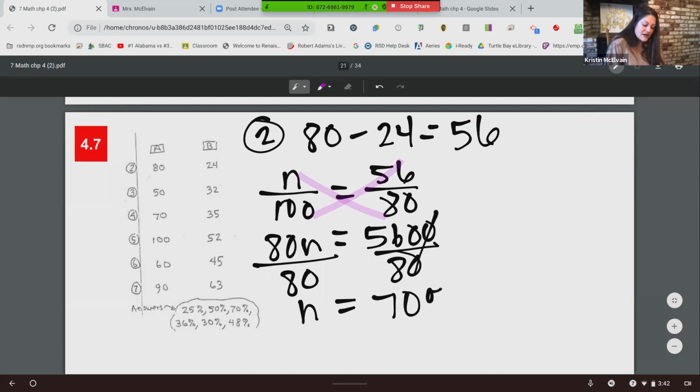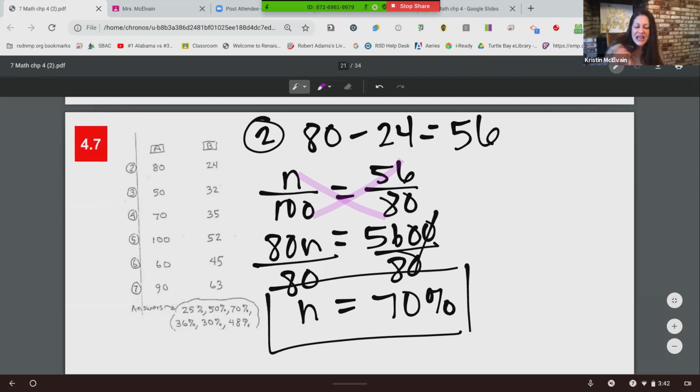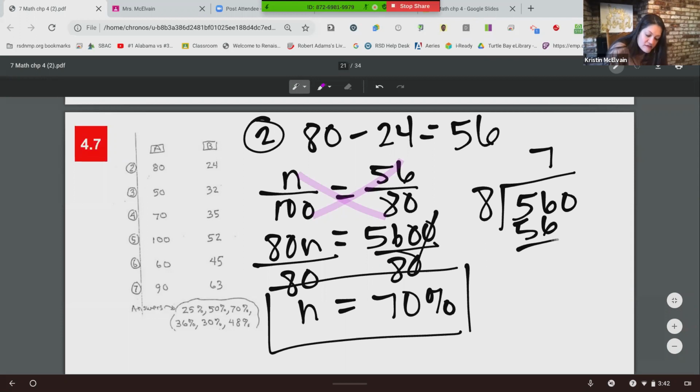Bring down the 0. All right. And when I say bring down the 0, so if I am doing 560 divided by 8, 8 times 7 is 56. Right? Bring down my 0, 8 goes into 0, 0 times. So that's what I'm referring to when I say bring down the 0. Okay, so number 2, 70%.